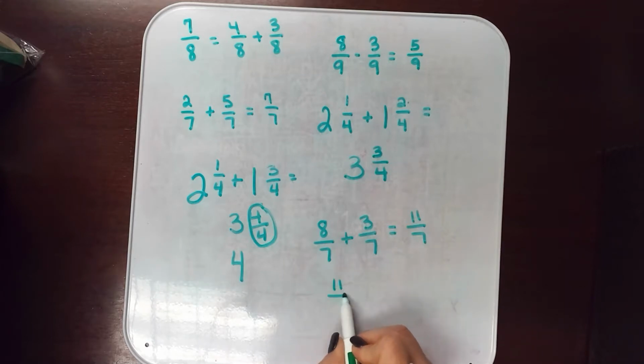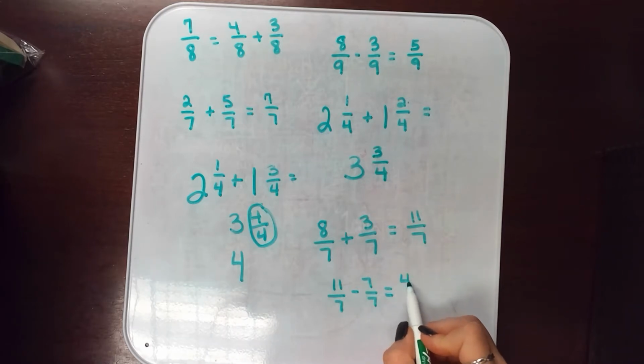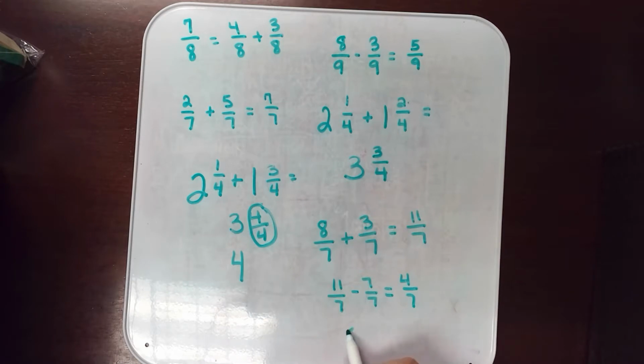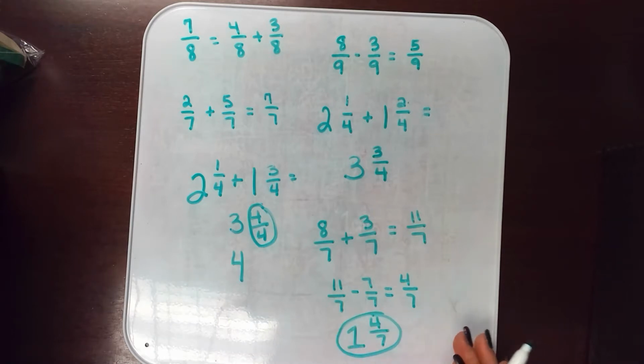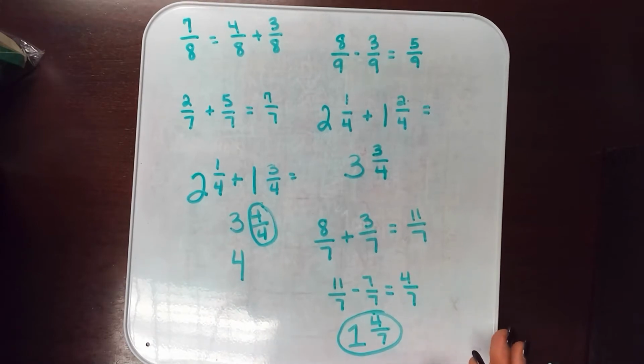So I know if I have 11/7, if I take away a whole, which is 7/7, I'm left with 4/7. So I have a whole and 4/7 left. So we want to make sure they're using their reasoning about fractions to determine how to convert between mixed numbers and improper fractions. That's really not one of our TEKs, but with students being flexible with fractions, they should be able to do that.